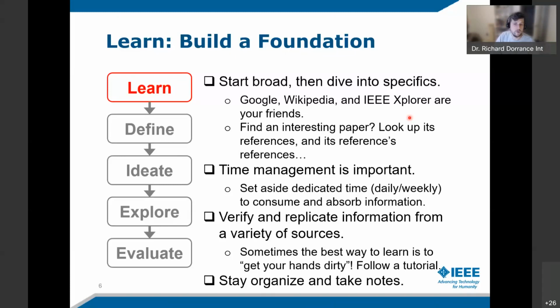Then you read that paper, look at its references, and read that paper, until you get to the original first paper. That's usually my preferred method for diving into a new subject area, or if there's a new problem that we're going through and facing.